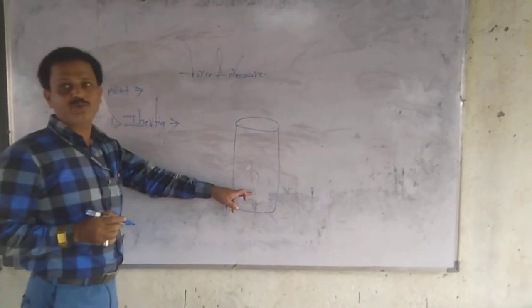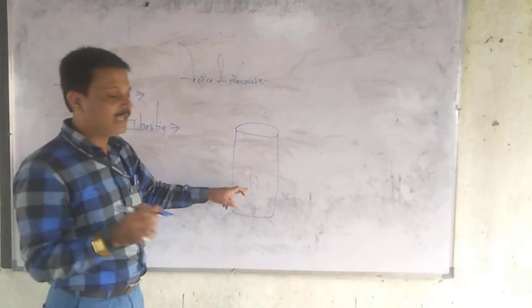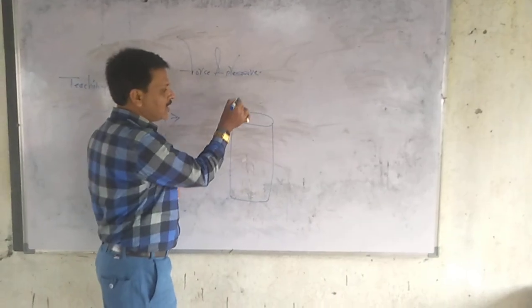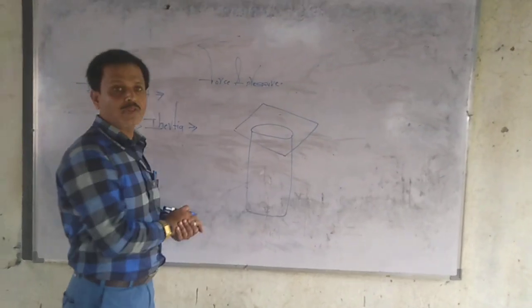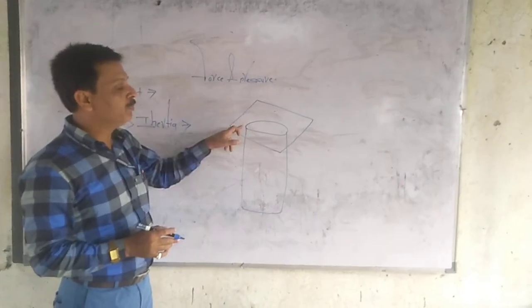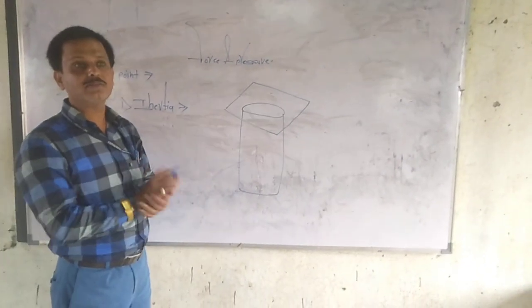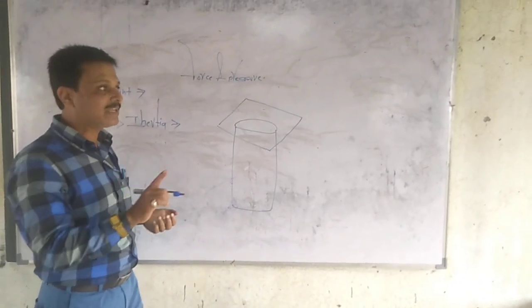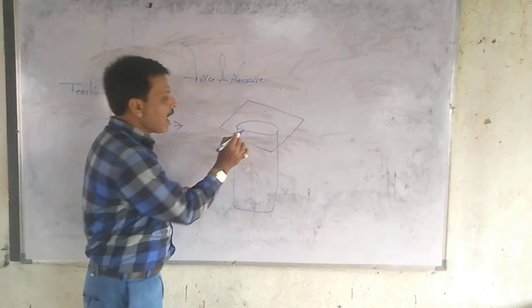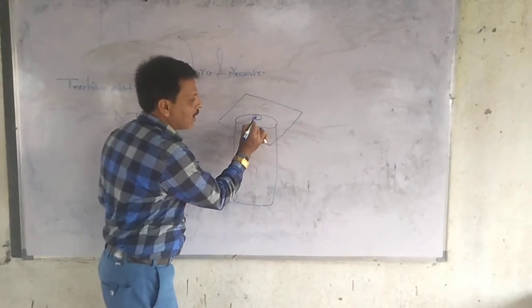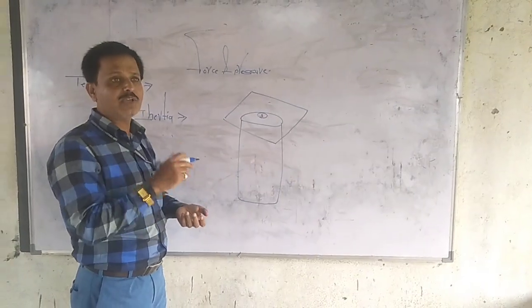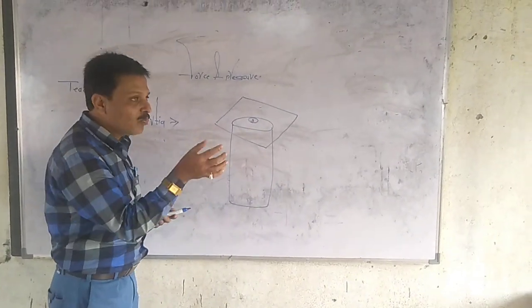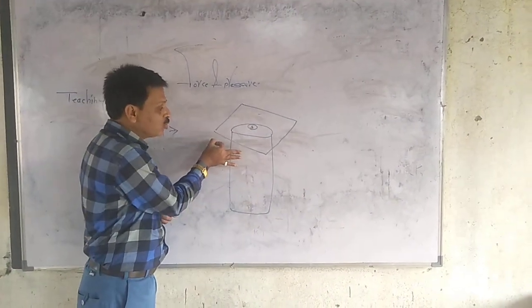On top of it, take a rectangular cardboard sheet and place it on the brim of the beaker. Next, I put a 5 rupee coin near the middle of that cardboard sheet. Then I do a small shaking movement toward the card.